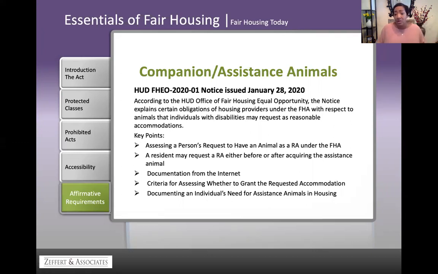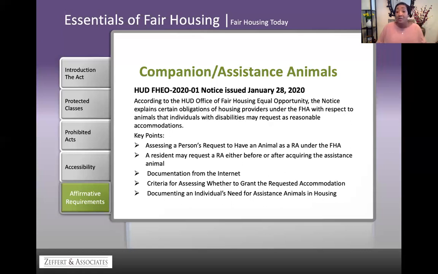So the bottom line in this letter, which comes with a nice question and answer document attached to it, is that HUD made it very clear to housing providers that documentation of service animals obtained online is irrelevant.